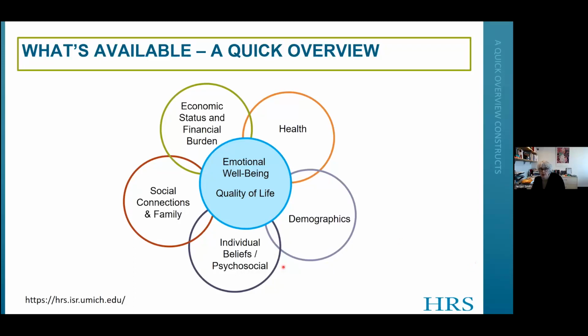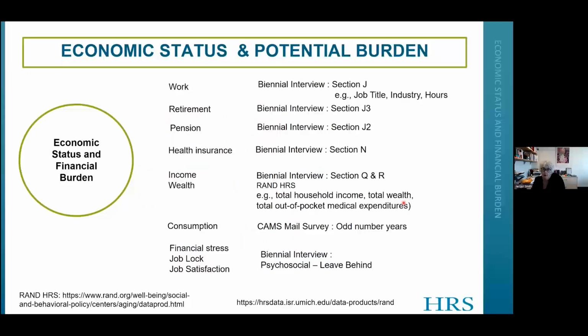Okay, so now I'm just going to do a quick overview of what we have in the variables that I think are probably relevant to the model that you want to look at in terms of EMOT-ECON. So I'll go through each of these circles and provide you with some information. And this is the website where you can find lots of more and more information, but I will lead you through that a bit later.